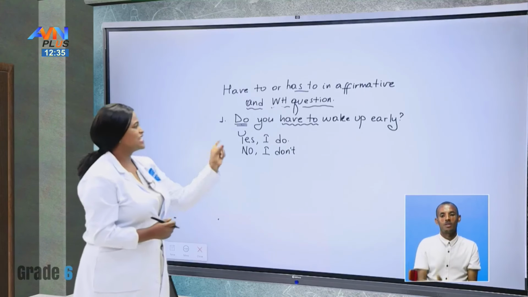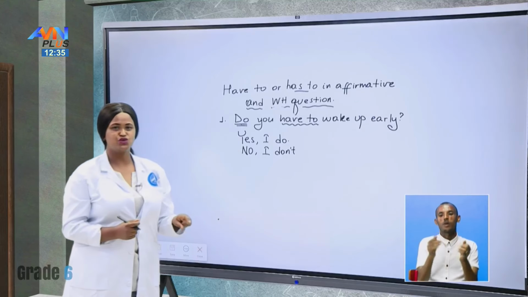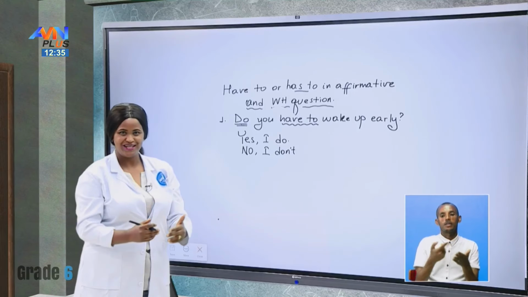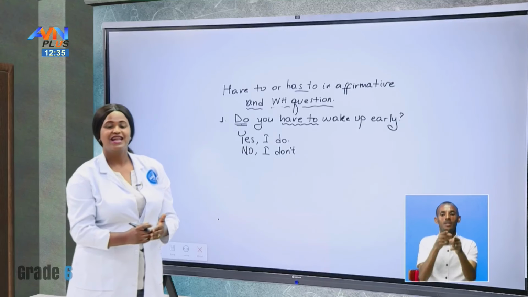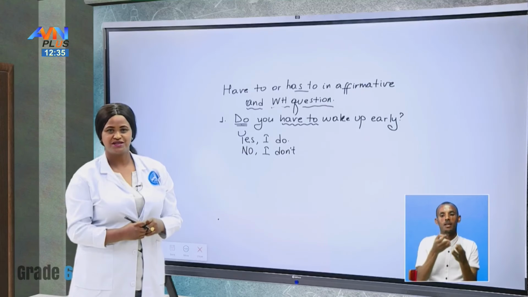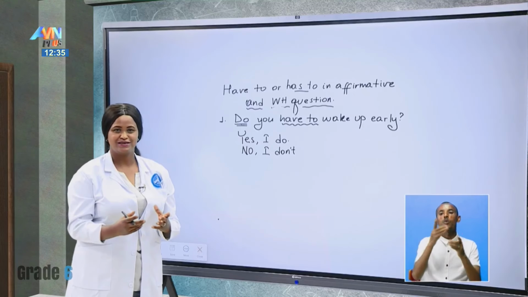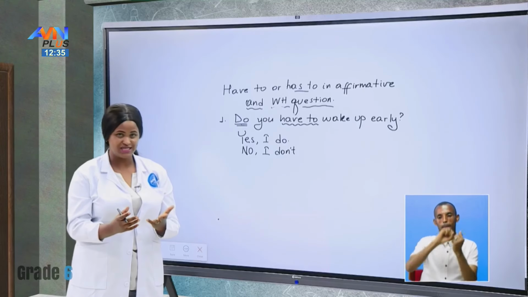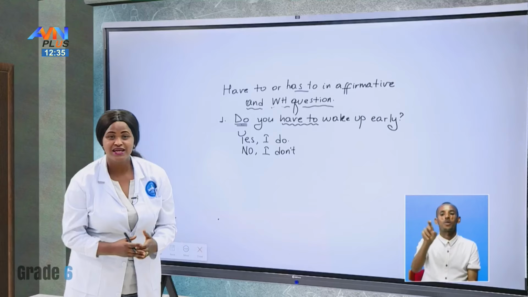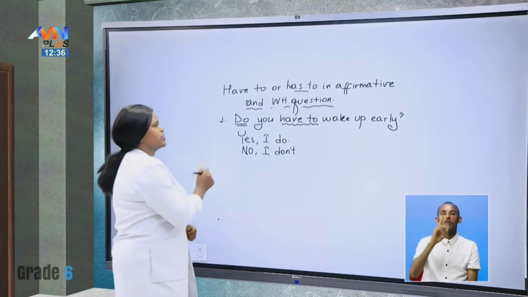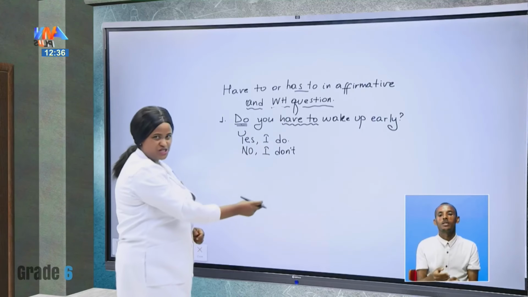Now look, let's extend this. Since we are making conversation, taking turns in question and answer, let's extend our conversation. How do we extend it? That is our basic and today's lesson. We ask additional questions using WH questions. Very good. Those that we have mentioned earlier, yes?